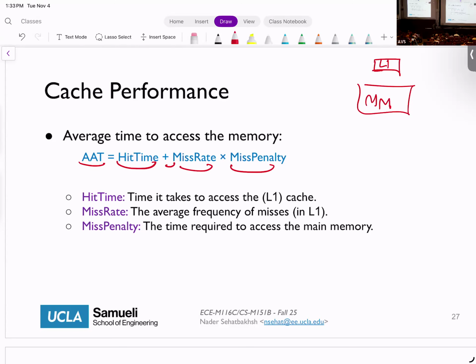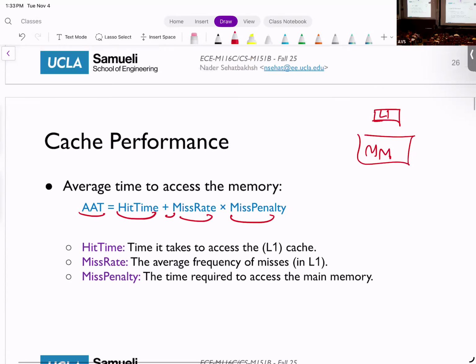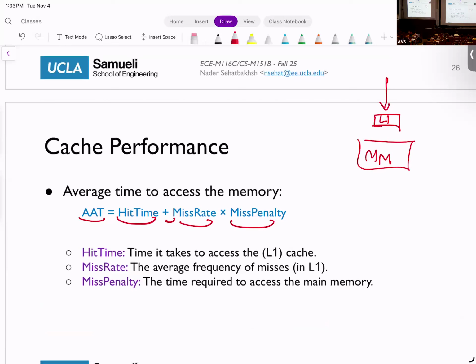Like an L1 cache. The way this is computed is that if I have a CPU that requests the data, the average access time of providing a response to the CPU is the time it takes to search the first level of cache. This is called hit time.